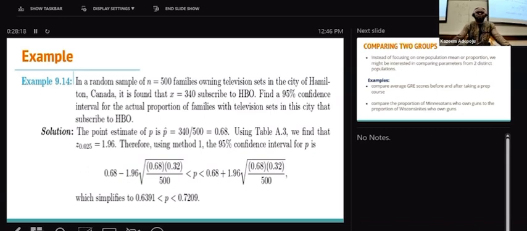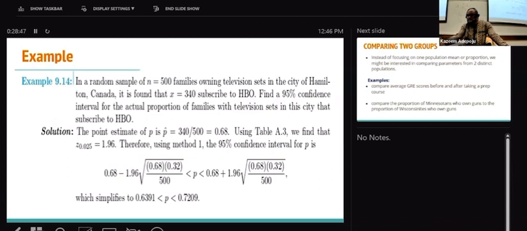Our ideas or our behavior or whatever, there's always going to be variation. Therefore, proportion exists. Take a look at this now. Out of 500 families who own television, it is not all of them that subscribe to HBO. Okay, maybe HBO is a TV station in Canada. Does that make sense now?